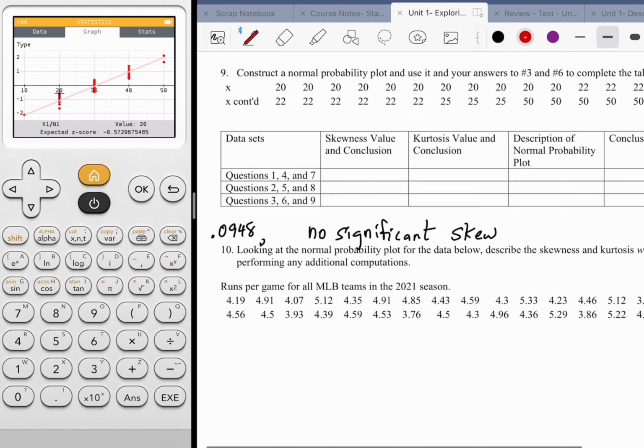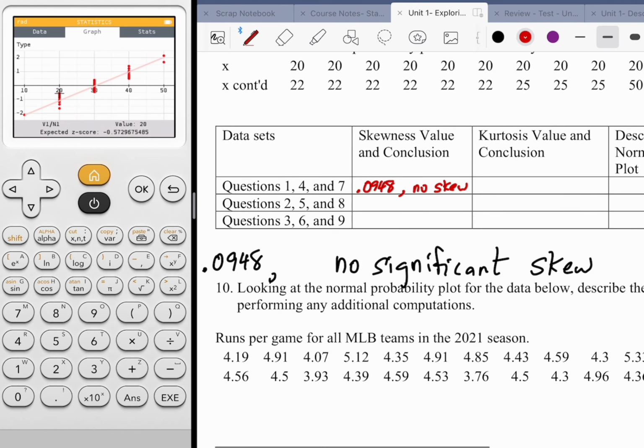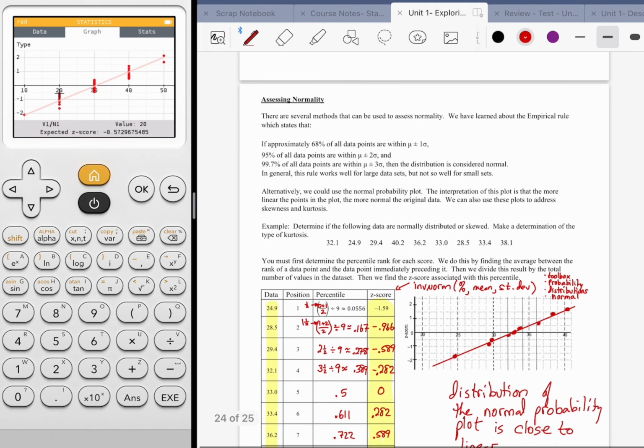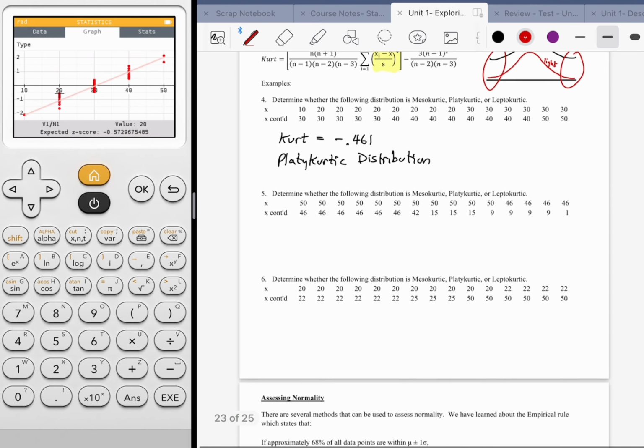You've got to write it small here, but 0.0948, and I'll say no skew, just simplify it. The kurtosis value is negative, if I remember correctly. Yeah, it was negative, so it was platykurtic.